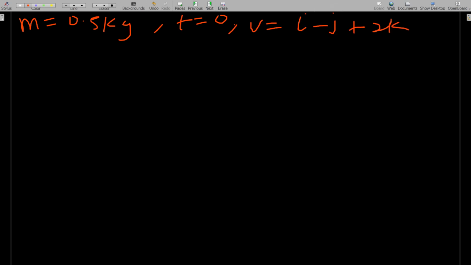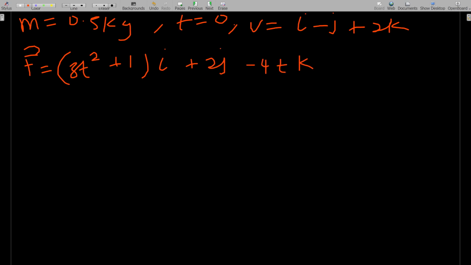You have mass to be 0.5 kilograms, and at the start of the particle, that is at t equals 0, we have velocity equal to i minus j plus 2k. That's the v of 0. Now the force field is given by (3t squared plus 1) i plus 2j minus 4t k.